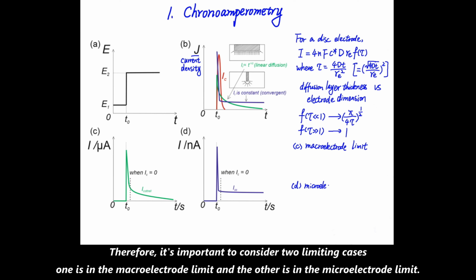For a macro disk electrode, its radius is large compared to the diffusion layer thickness at any time, so τ much smaller than 1 always holds, and this corresponds to a linear diffusion regime, as depicted in the upper inset in Figure B. And consequently, we would have the Faraday current equal to nFA times the square root of D C* divided by πt.